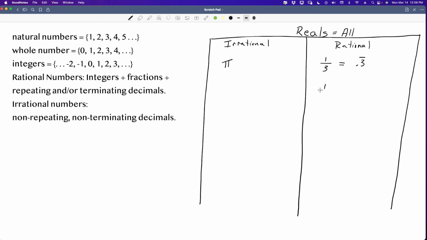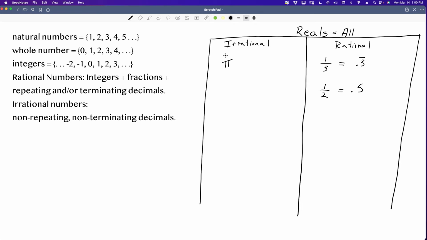Even this fraction here, 1/2, we can write it as a terminating decimal because we know that it is 0.5. 0.5 is the same thing as 1/2, 1 divided by 2. So that's what includes those in the rational category and keeps them out of the irrational category. Rational includes fractions, and they include repeating or terminating decimals.